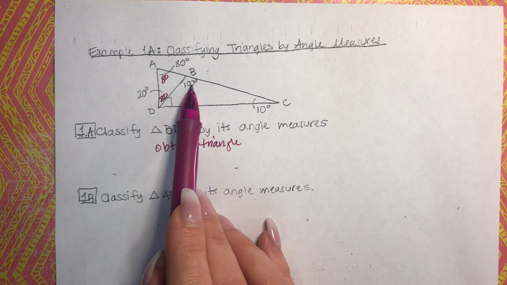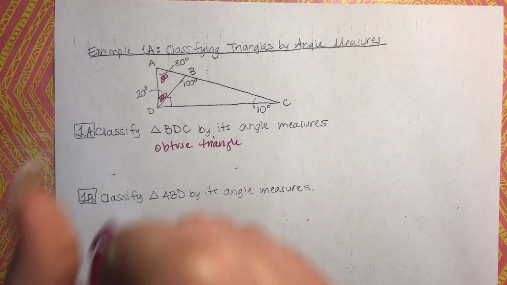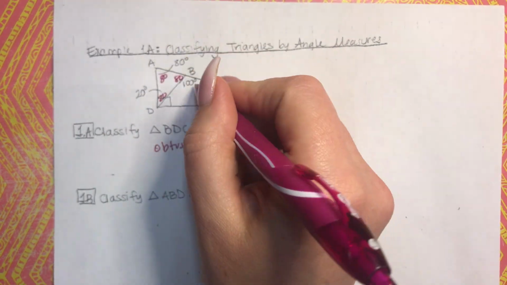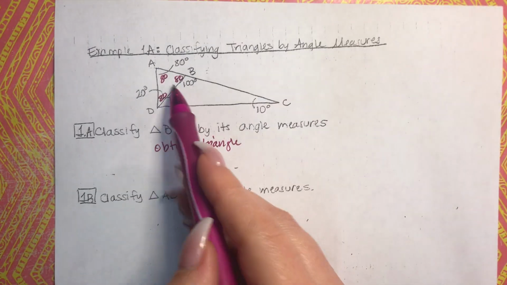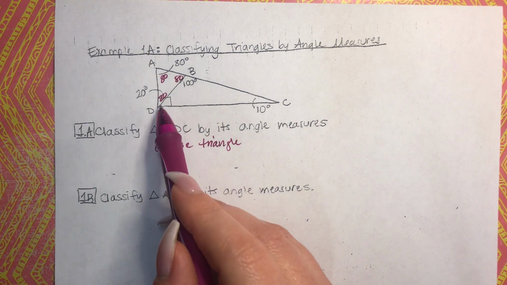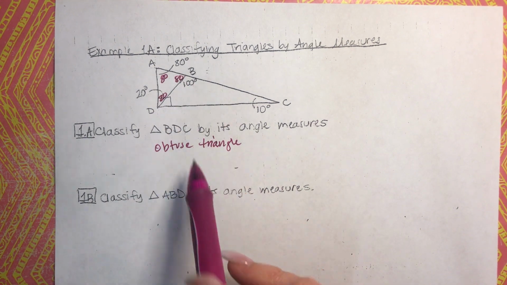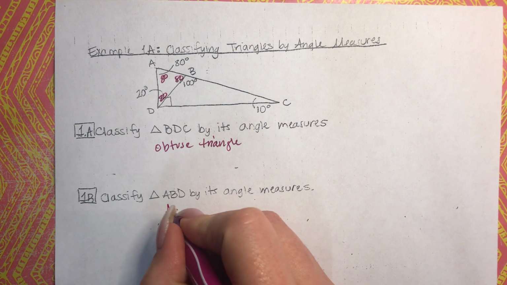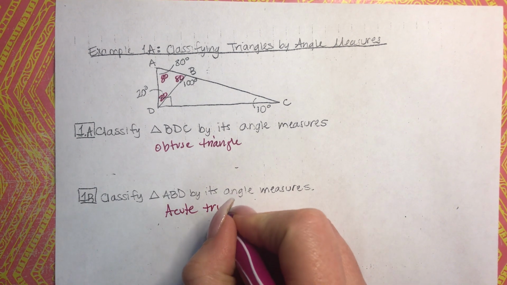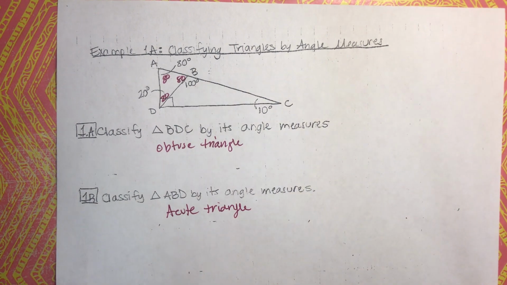So if this is 100, then this would have to be 80 because 100 plus 80 is 180 degrees. So we have 80, 80, and this is a 20. What kind of triangle do you think that is? If you said acute, you would be correct. Acute triangle. It's so cute.